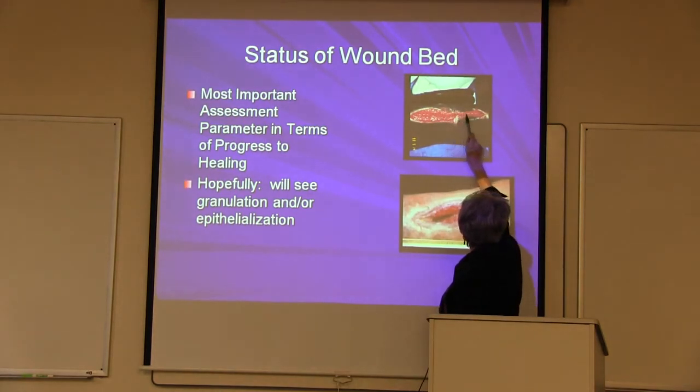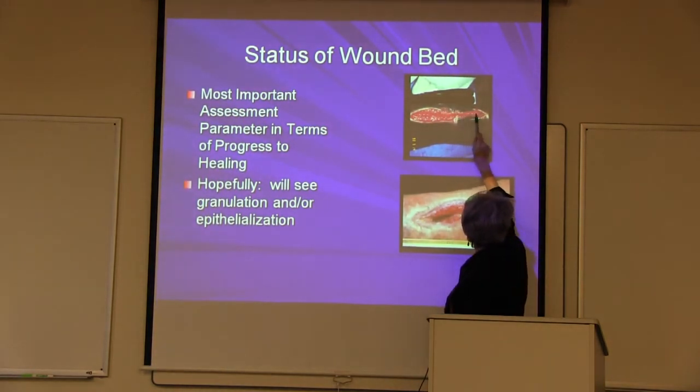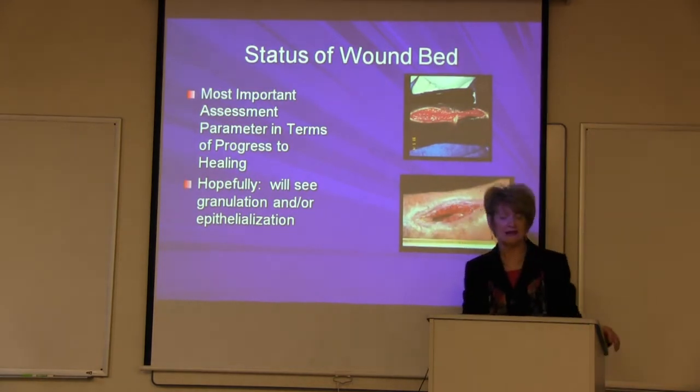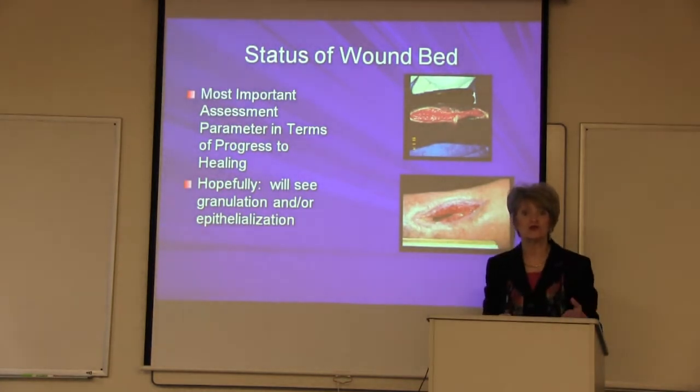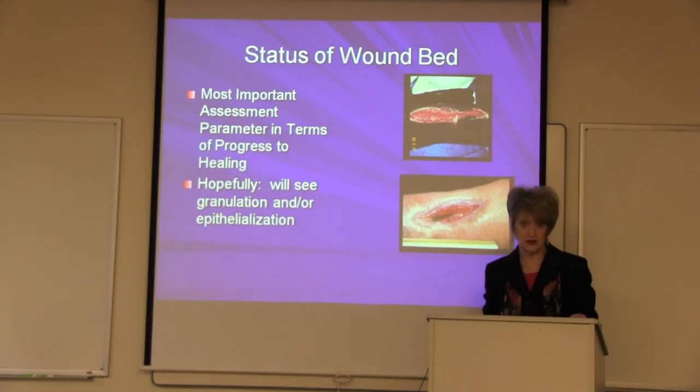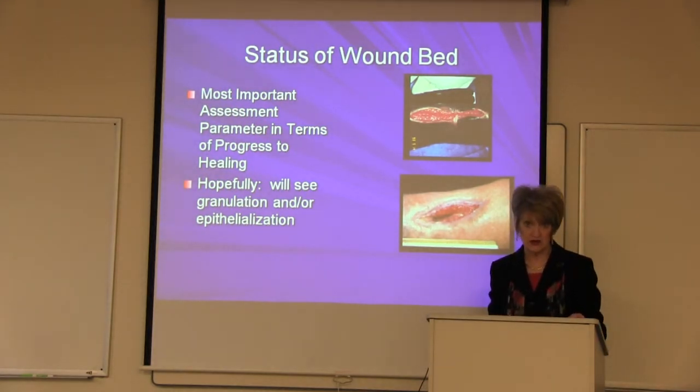This little center area and toward the right is clean, but you have just a few little patches of granulation tissue. If I look back and it said that last week the wound was 20% granulating, I'm like, okay, I'm making really good progress, because this week I think it's at least 50 to 60% granulating. If last week it was 100% granulating, then I'm a little concerned because I've had deterioration.